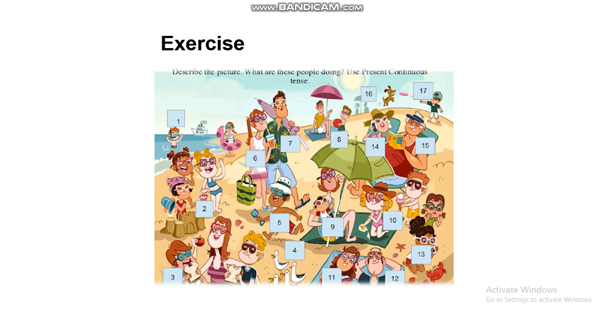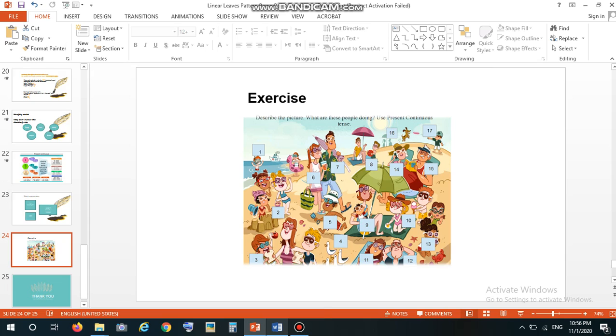So you're going to give me 17 sentences using the present continuous tense describing what you can see in the picture. You're going to answer it in the classwork copybook, and you're going to bring it with you next week. Okay, so that's your homework.